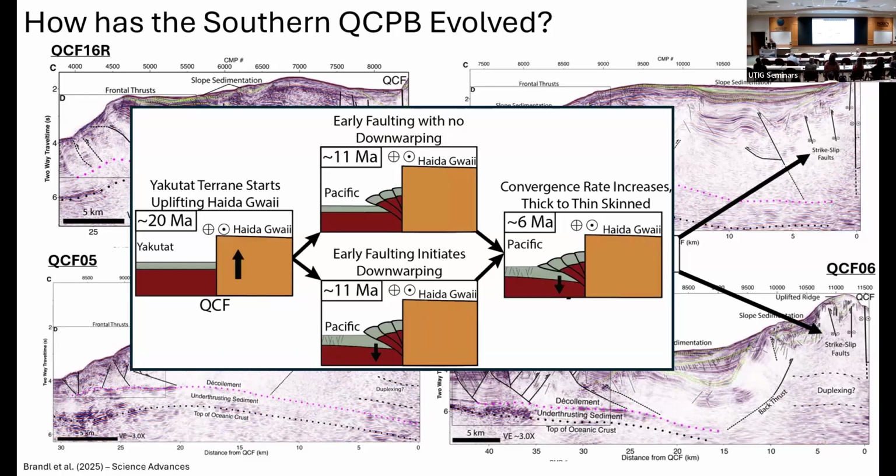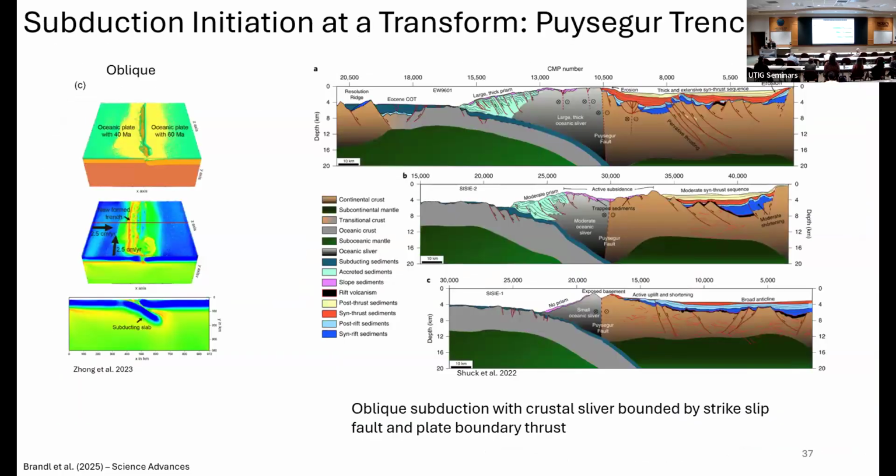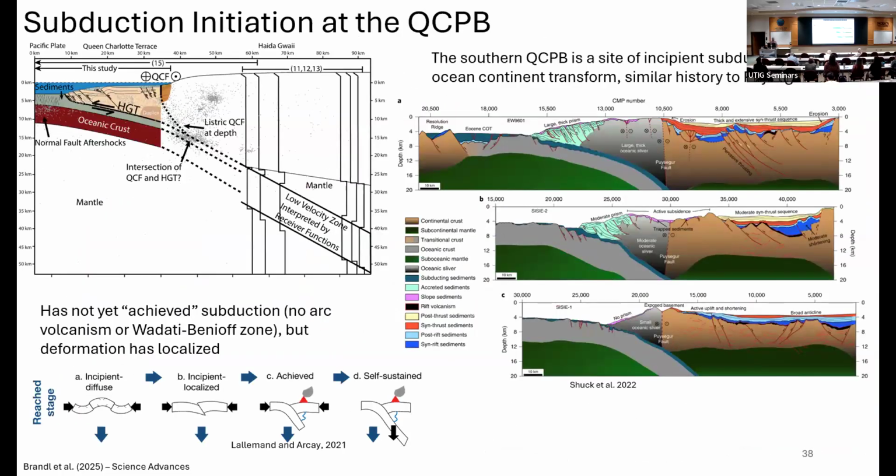Based on the angle of the plate boundary, the Puysegur gets more and more convergent as you move to the north, so it's almost making it easier to initiate subduction, whereas Queen Charlotte seems to be the opposite, as the convergence is decreasing moving in the same direction.